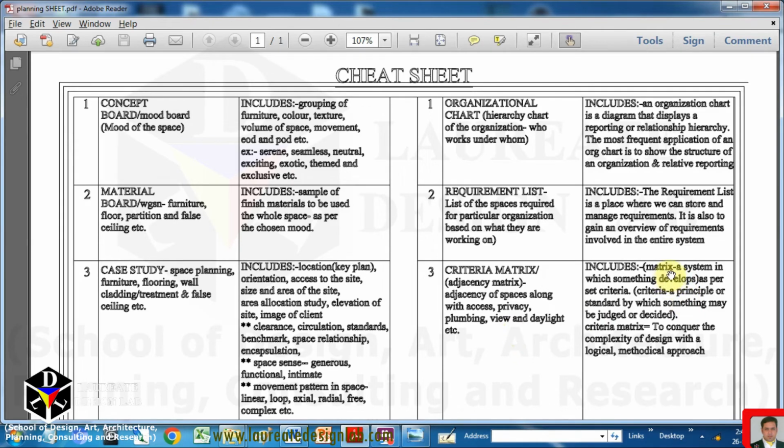It includes a system in which something develops as per set criteria. Criteria: a principle or standard by which something may be judged or decided. Criteria matrix means to conquer the complexity of design with a logical, methodological approach. Now let's understand through this slide.